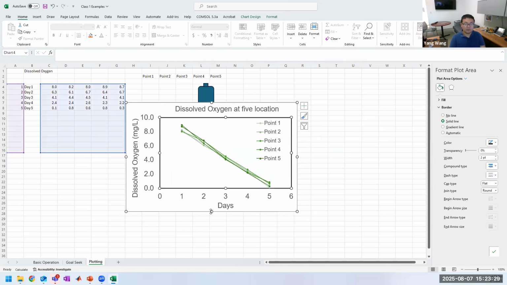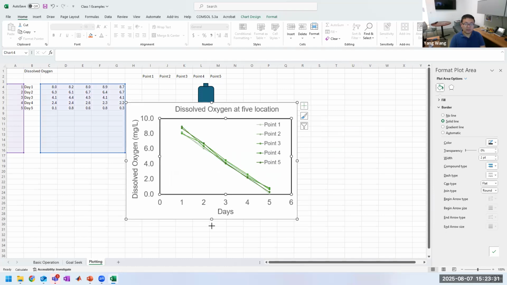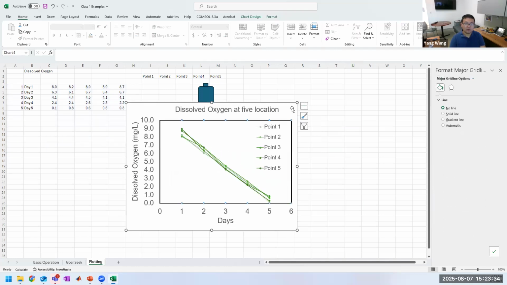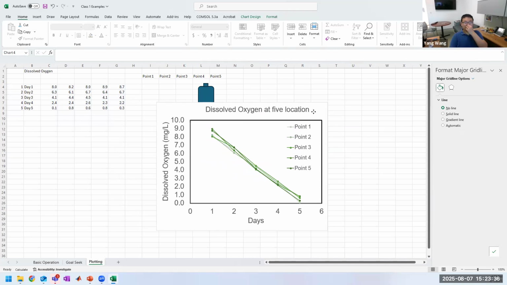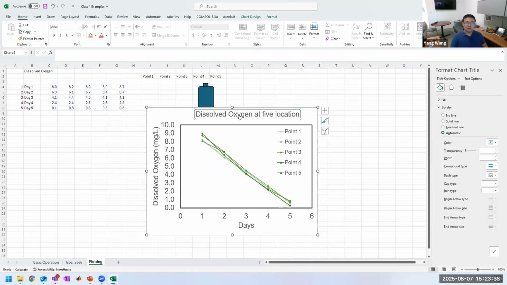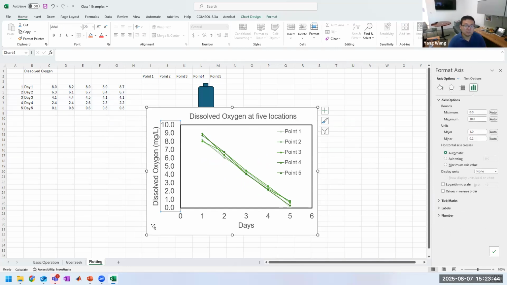Okay. So you can also change the aspect ratio a little bit more. And then you have the results over here. So dissolved oxygen at 5 locations. Right. So because here 0 to 10 is probably too dense, you can change the major ticks, right?